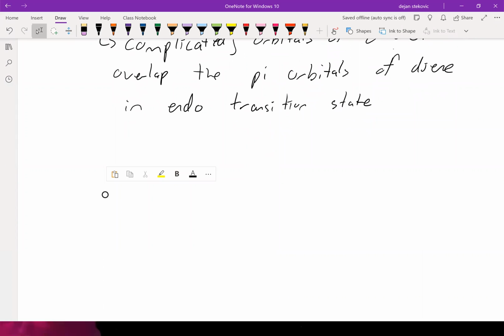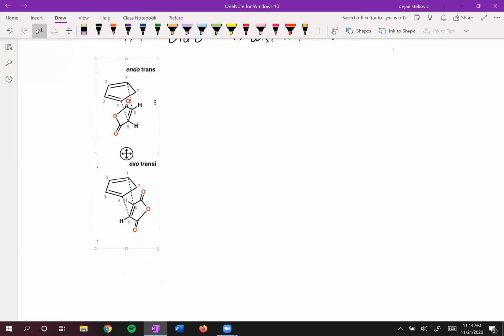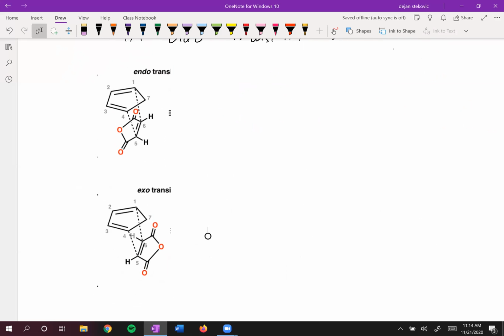And so I'm not going to try to draw this, but I have a picture. So on the top is the endo transition state. And so we can see, even though it's more sterically cluttered, we have these electron withdrawing groups right next to our diene, whereas in the exo transition state, the electron withdrawing groups are not really close to our diene, which makes it higher in energy, which makes it less likely to happen, right?